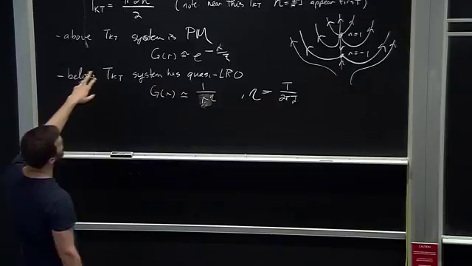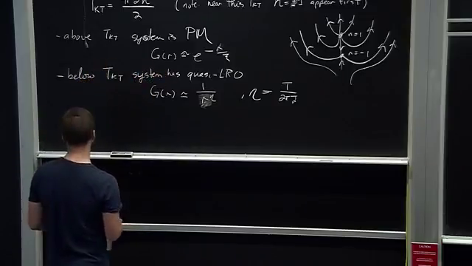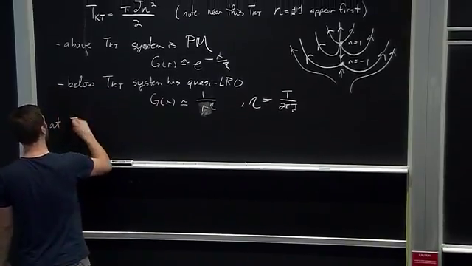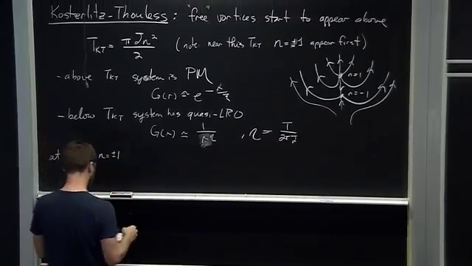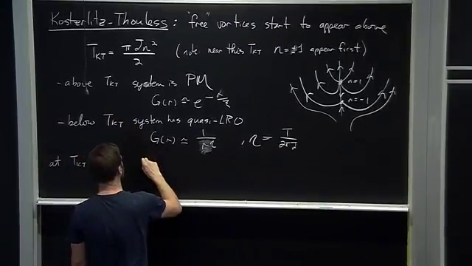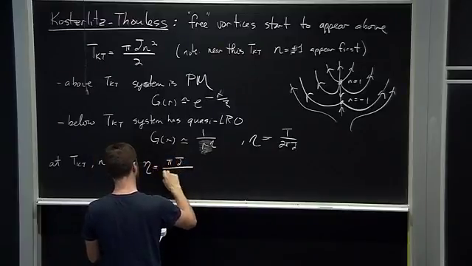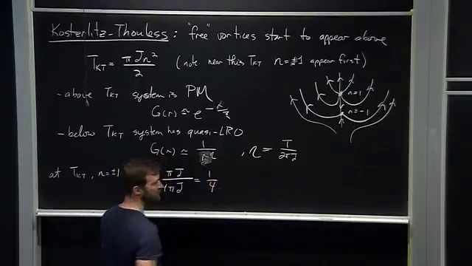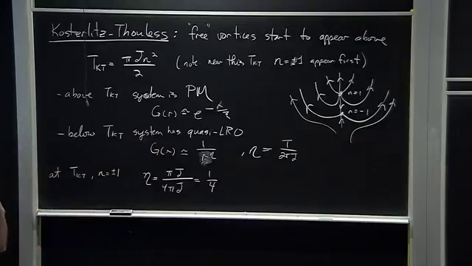So you can note that if you put in plus or minus 1 for the vorticity, then at the transition temperature, you can just substitute in the Kosterlitz-Thouless temperature, and you'll see that eta is a quarter. So even from this very simple theory, you get a large anomalous dimension.